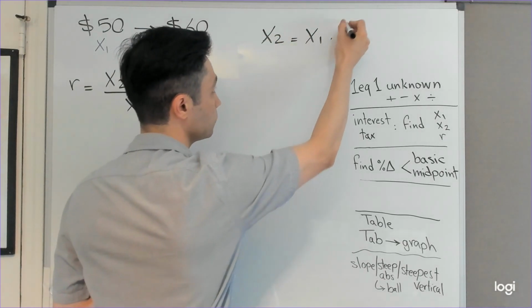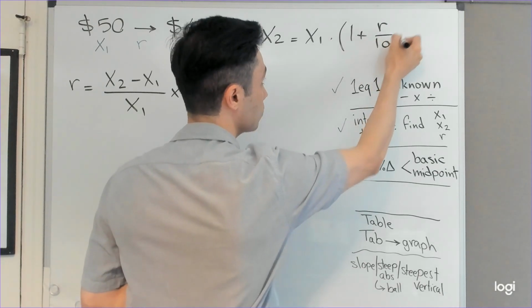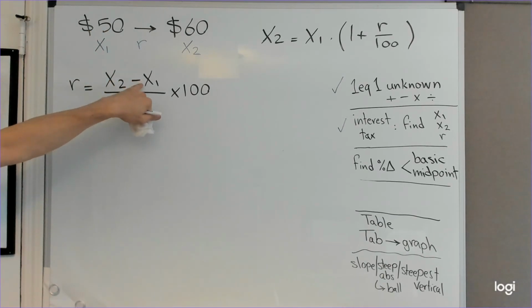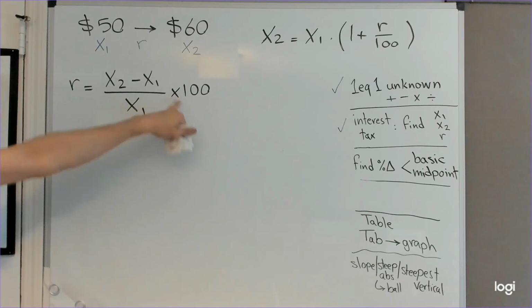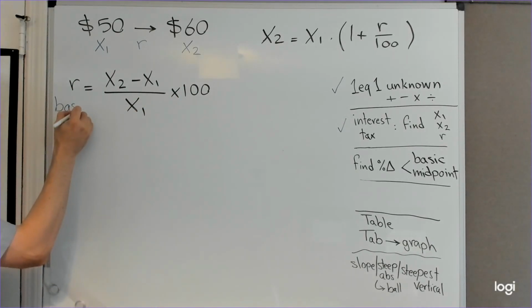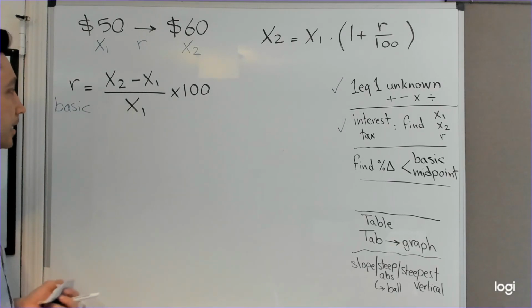So if you start with x2 is equal to x1 times 1 plus r over 100 and you simplify, you can get to the very same formula that we have here. The percentage change is just the ending value minus the original value over the original value times 100. This is called the basic formula for finding percentage changes. Sometimes it is called basic, sometimes it is called the standard approach.